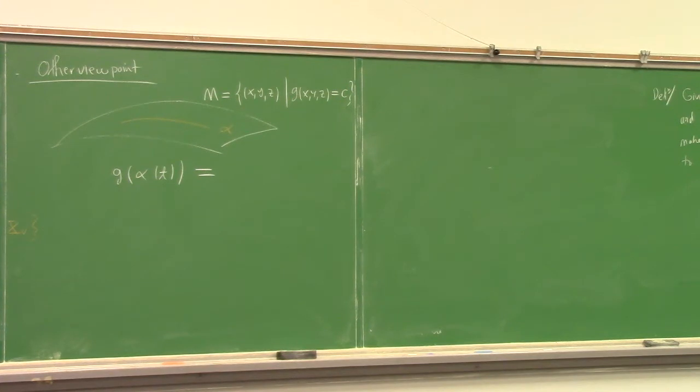We judge that by whether, if you had the parametric equations for alpha, you could plug them into the corresponding level surface equation, and if they work, then it's on the surface.